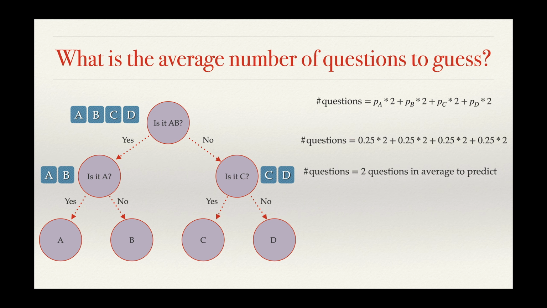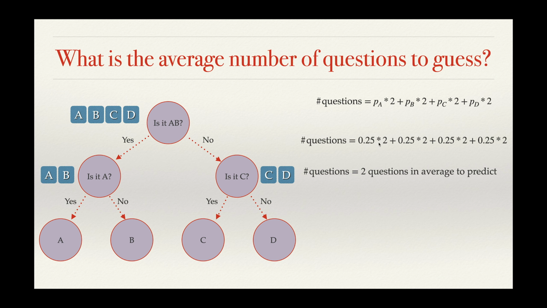So if we go now to the first machine and we want to calculate the average number of questions, which is the statistical estimator of the number of questions, we would start with the probability of the symbol A multiplied by the number of questions that I need to ask in order to reach A. So 2 questions to reach A, and the probability of A is 0.25.